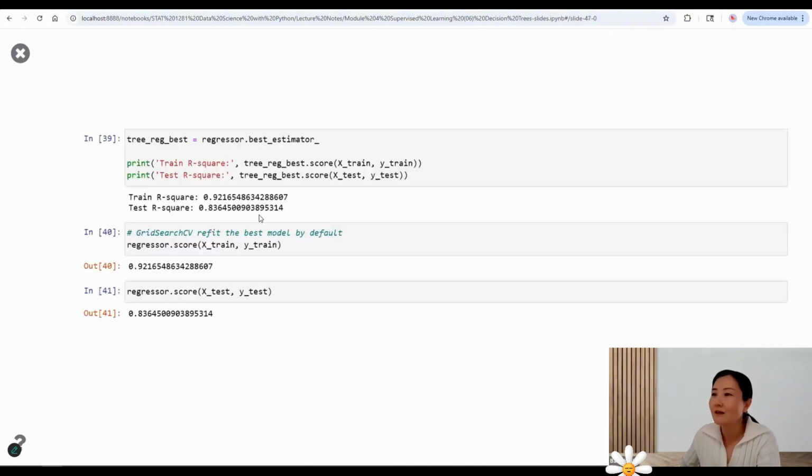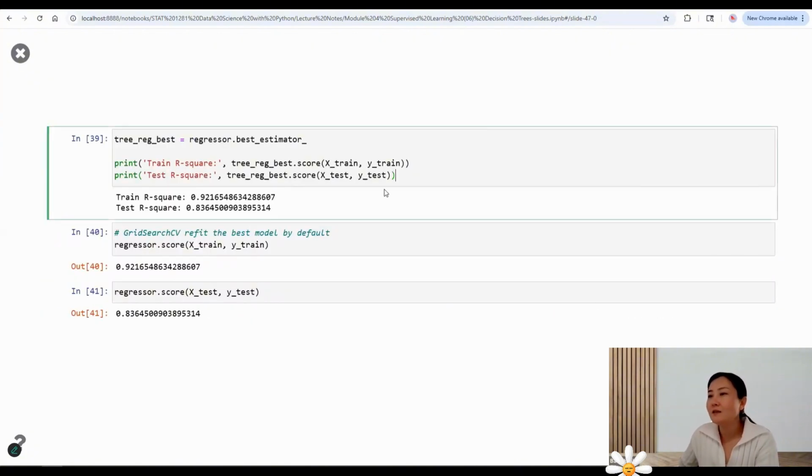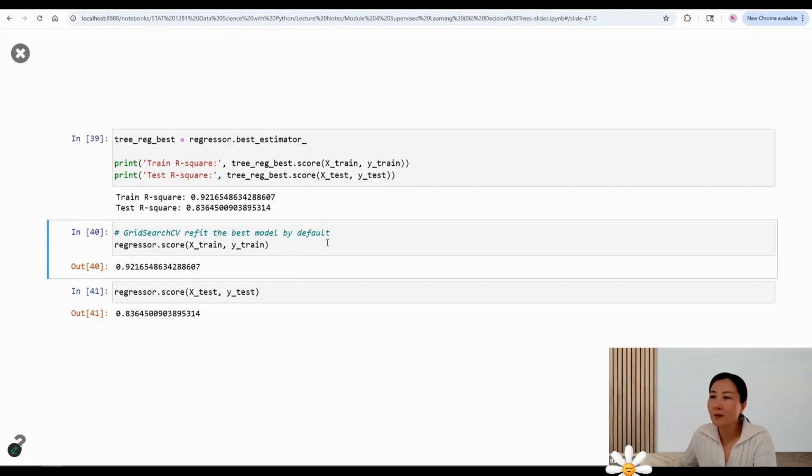Then let's calculate the R-square for the training set and the test set for the optimal model. So 92% and 84%. There is still a very big difference between the two accuracies, which means there is still a big sign that the optimal tree is overfitting the data somehow.